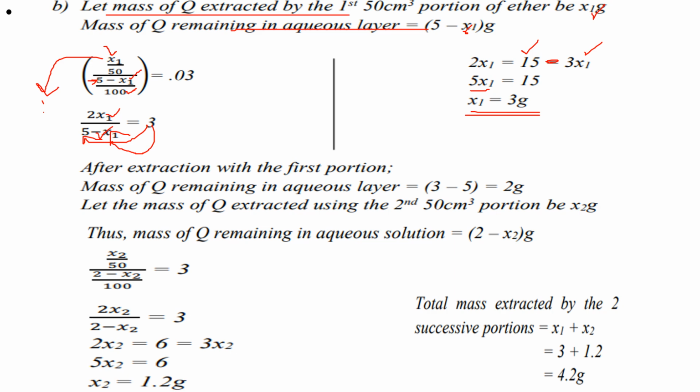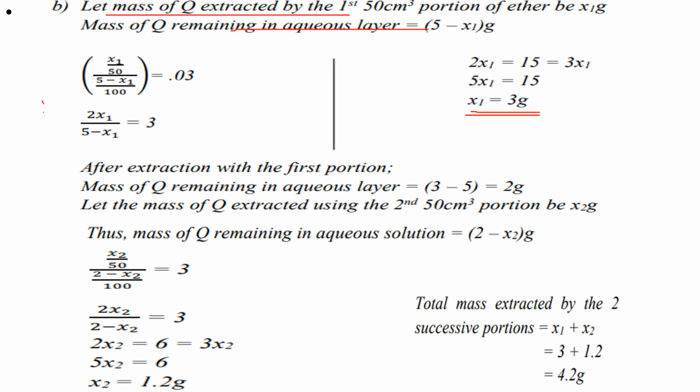Now how many grams are remaining in the aqueous layer? Because we need to do the other extraction in the second round using another 50 centimeters cubed of ether, so that we total up that one which was present in section A. So we have so far extracted 3 grams. So what is the remaining mass in our aqueous layer?